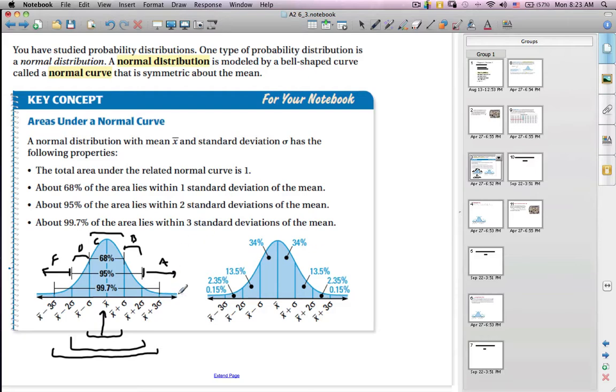What's way out here is very small, only 0.3%. So 5% of people in this case would get either A's or F's, 68% would get a C, 13.5% would get a D, and 13.5% would get a B. That's the way it would work.